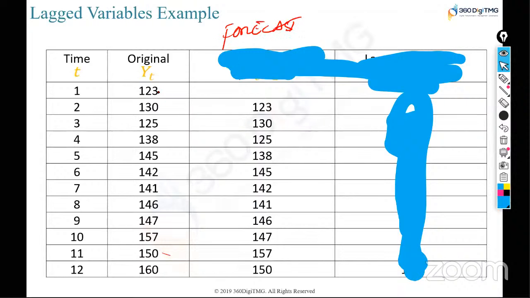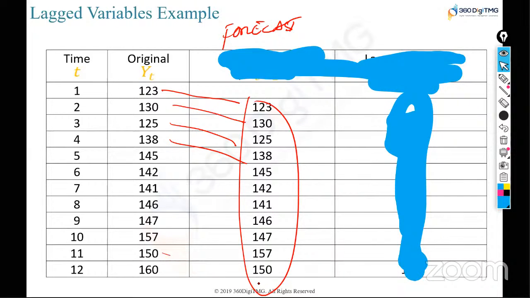At the end of the first month, before the start of the second month, the predicted value should have been nothing but this value, this value, this value. Remember, these are all forecasts. The forecast is not necessarily 160. That is of course the forecast for the future, but working back in a retrospective way, this is the forecast.